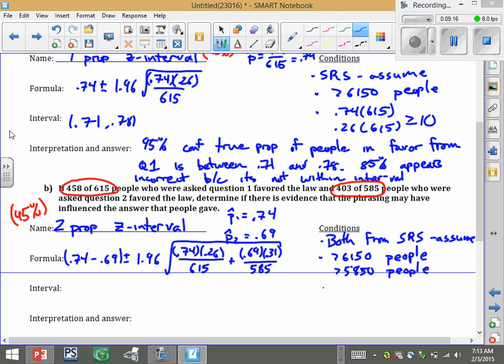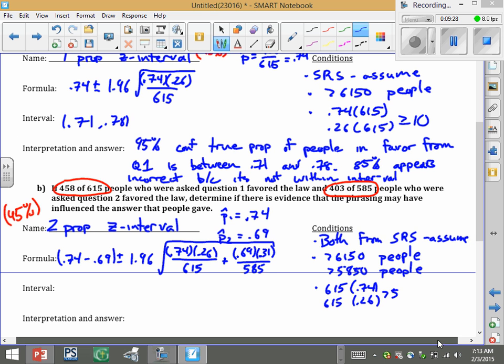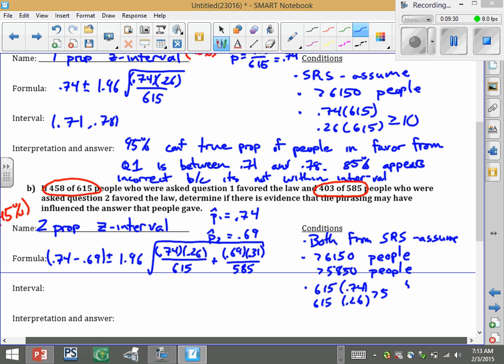And then we also need n1, 615, times 0.74 times 0.26. Those are both greater than 5. That's a fair statement. And we also need n2, 585, times p hat 2, 0.69, 0.31. These are both greater than 5.